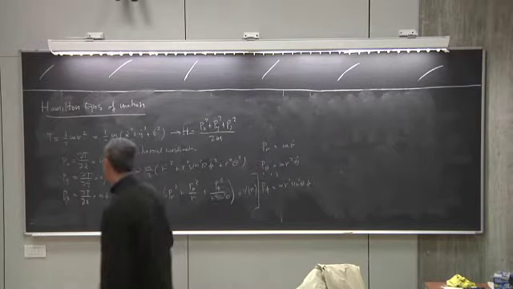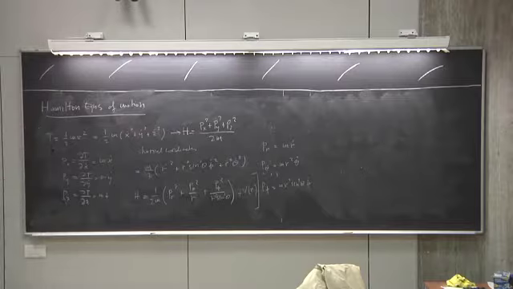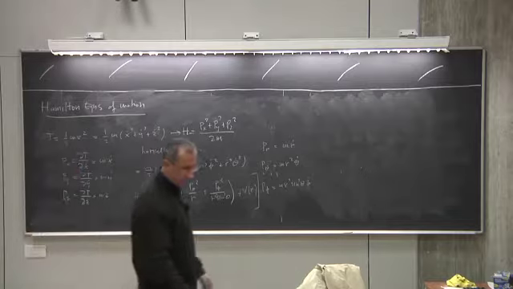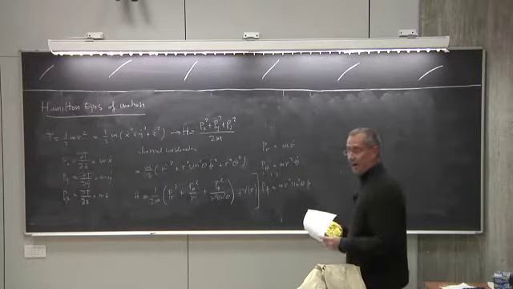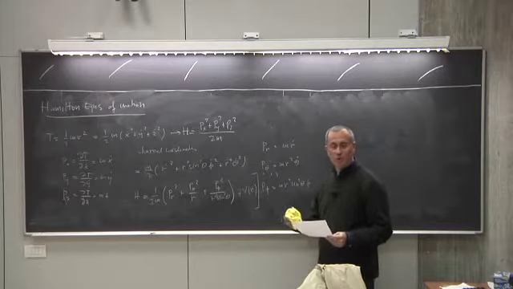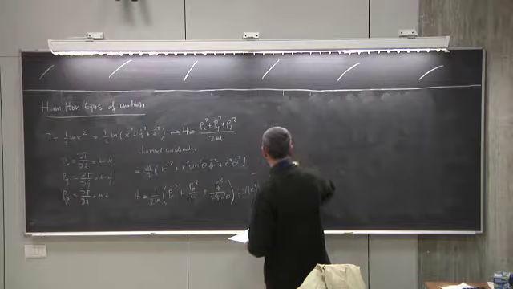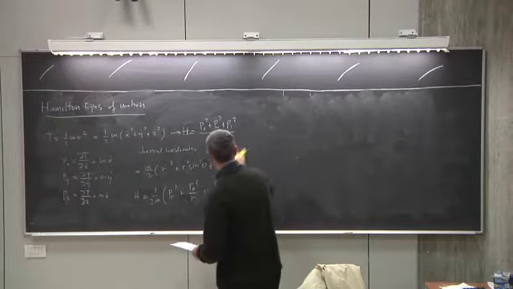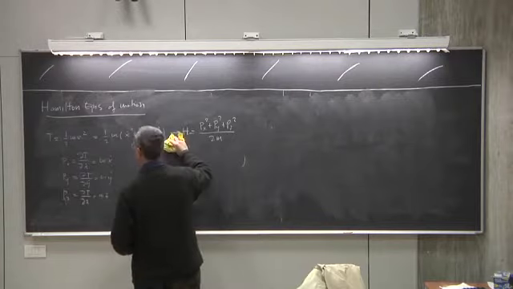So what's so exciting about the Hamiltonian? Well, for instance, remember that one nice thing about the Lagrangian was that sometimes you had a cyclic variable, right? So what happens if you have a cyclic variable in the Hamiltonian?